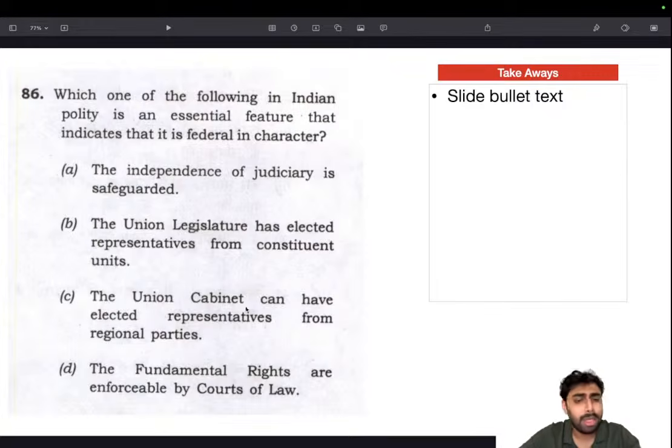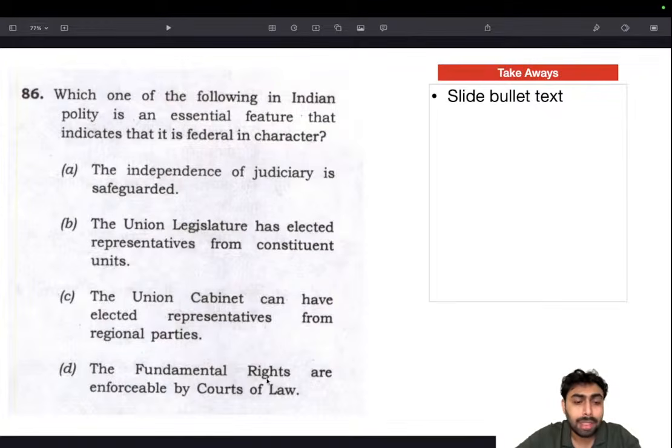Union cabinet can have elected representatives from regional parties. This is entirely political, but it has a practical application to federalism, because having regional parties bolsters federalism. This is something you write in mains answers, but the question is a bit theoretical in nature.